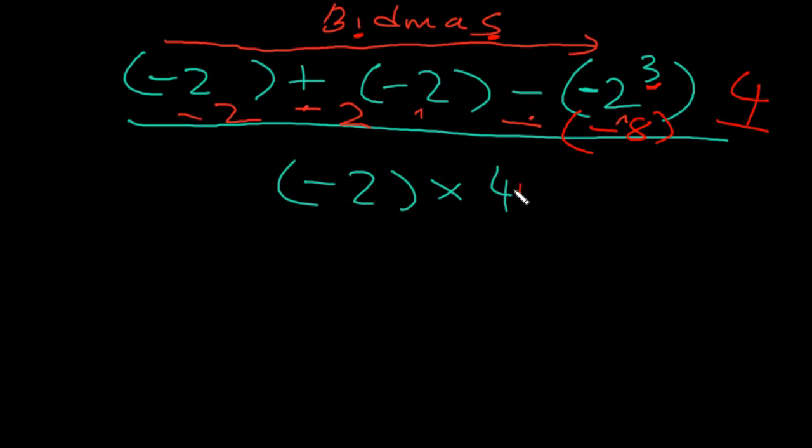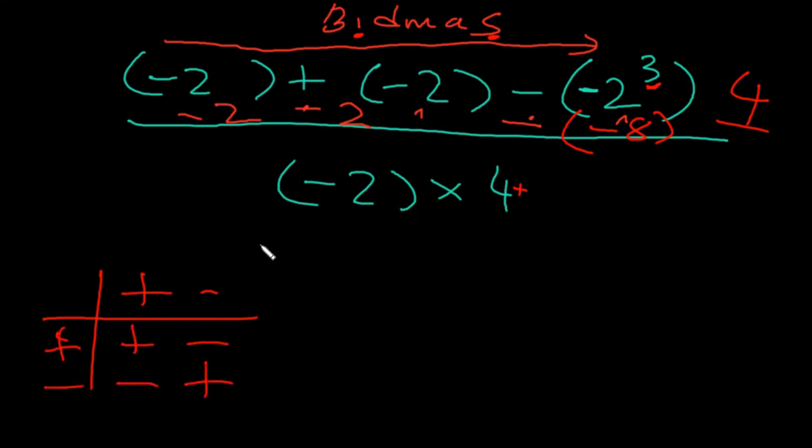We can imagine a small positive sign there, and let's just draw our table again. Alright, so we can see here that we are multiplying a negative number by a positive number. We have a negative by positive, which is going to be negative. So underneath, we have minus 8.